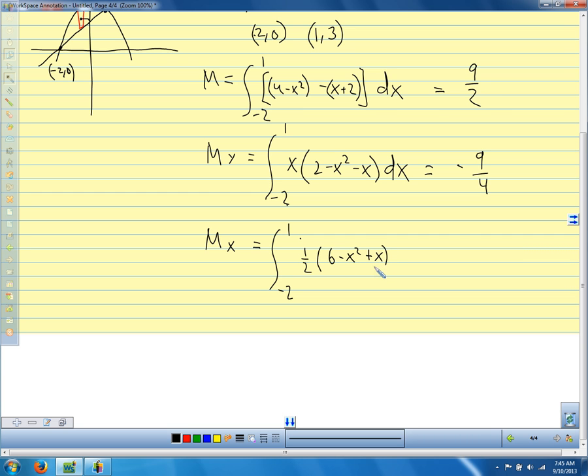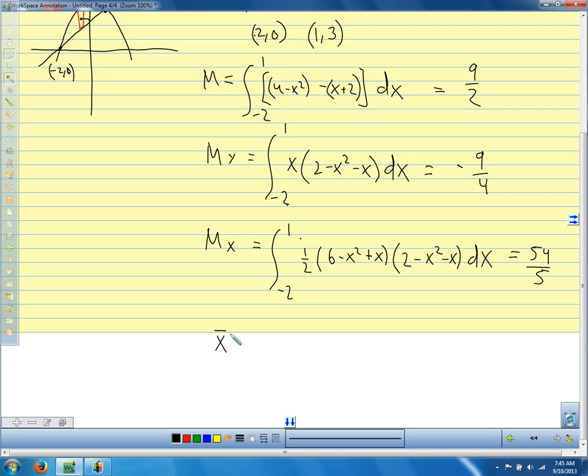That's f of x plus g of x divided by 2, times the area quantity, 2 minus x squared minus x, dx. Multiply this all out, evaluate the integral, and this comes out to be 54/5. We just end up with polynomials here, so this is not a difficult one to evaluate.